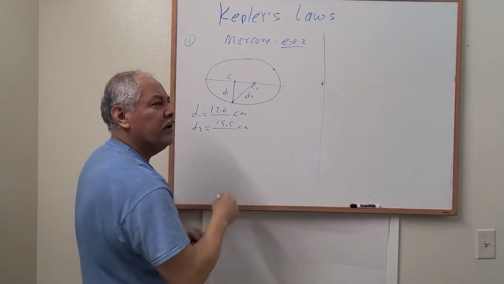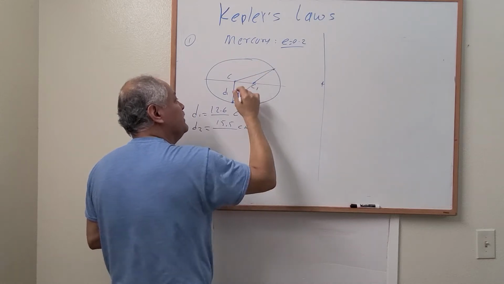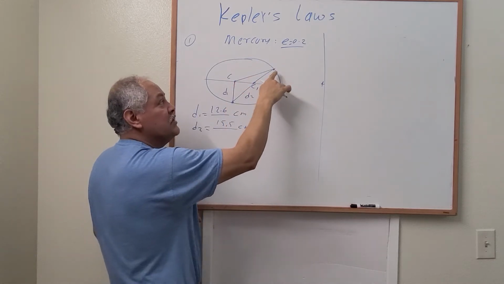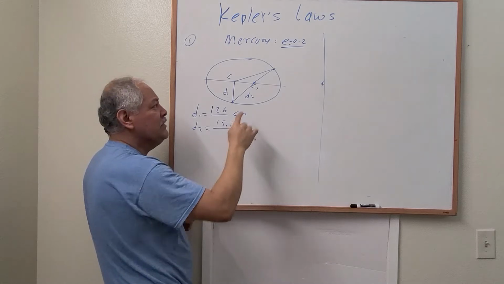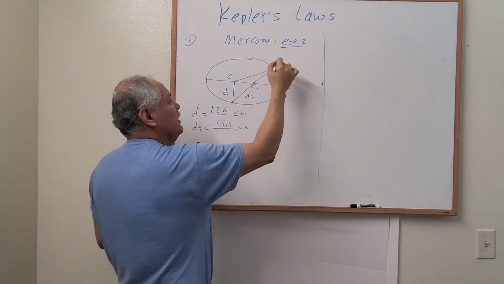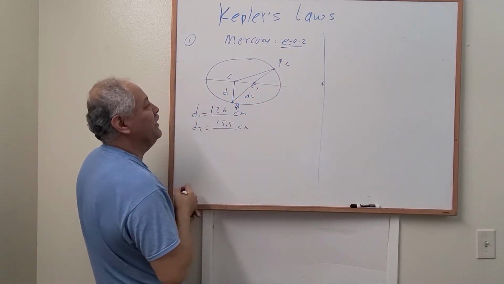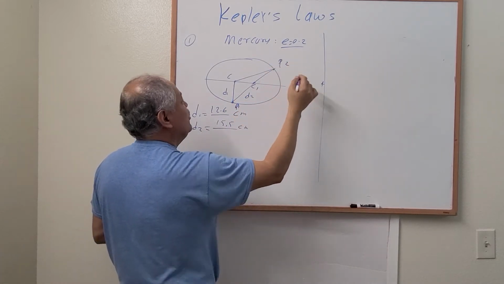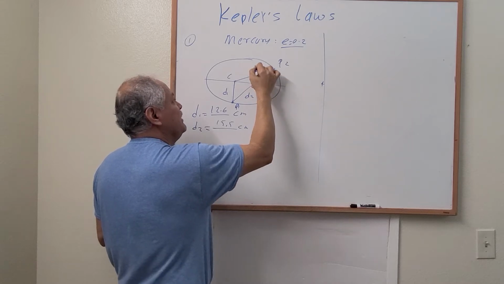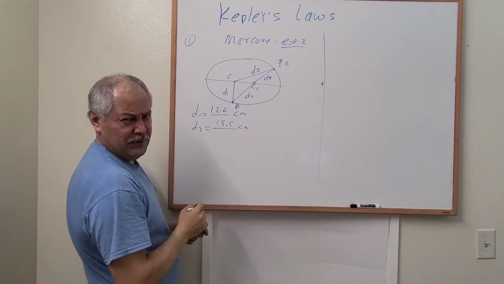Now let's take another point on the ellipse. In the same way as before, let's label the distance from one focal point to that point, and from the other focal point to the same point. Let's call the first point P1 and this one P2. For P2, we label these D3 and D4, the same as for P1.